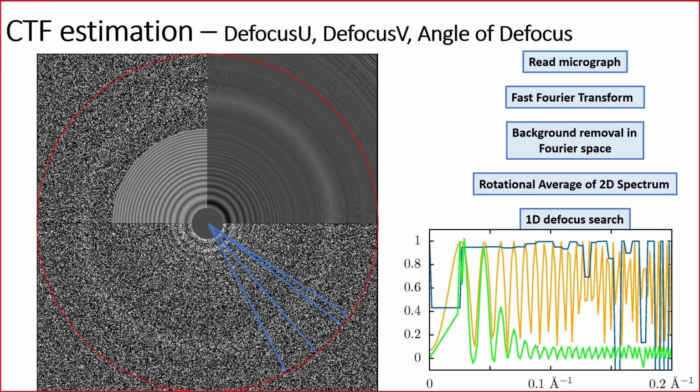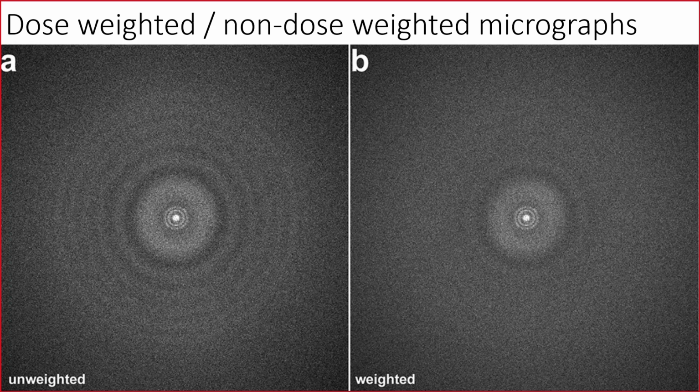So our very high frequencies might be extremely attenuated if there are not enough particles, for example, on the micrograph. Therefore, if you are checking your micrographs and seeing that this micrograph is going only to 5 angstrom resolution according to CTF estimation, and the other one to 3 angstrom, that does not necessarily mean that the 5 angstrom micrograph particles are worse than the particles from 3 angstrom determined micrograph.